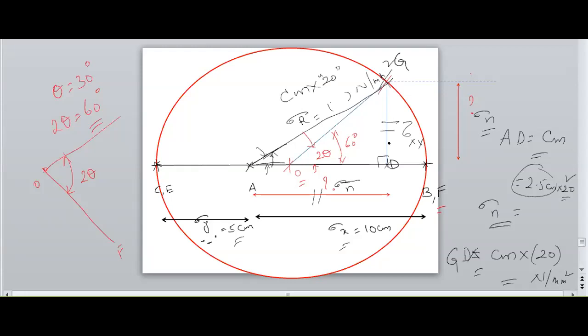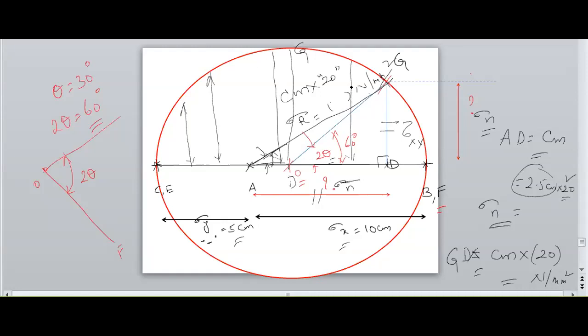If I rotate this angle, the shear stress will be increasing and increasing up to O, where the G point and D point lie at this position. If I rotate it further and the angle increases, then the shear stress reduces again.